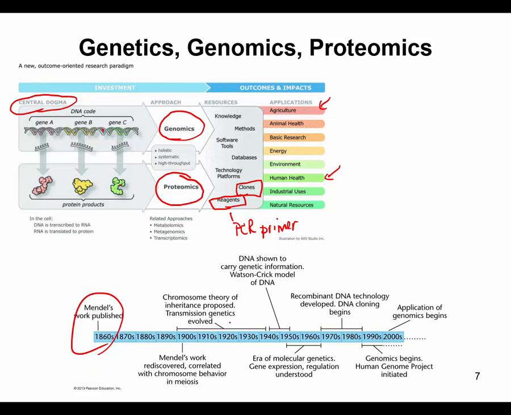We'll talk about Fred Griffith in 1928, right around in here. His transforming principle was DNA. He didn't know it at the time, but it was. We'll talk about Avery, McLeod, and McCarty right in here. They demonstrated that the transforming principle was DNA. We'll talk about Watson and Crick, double-stranded nature of DNA.